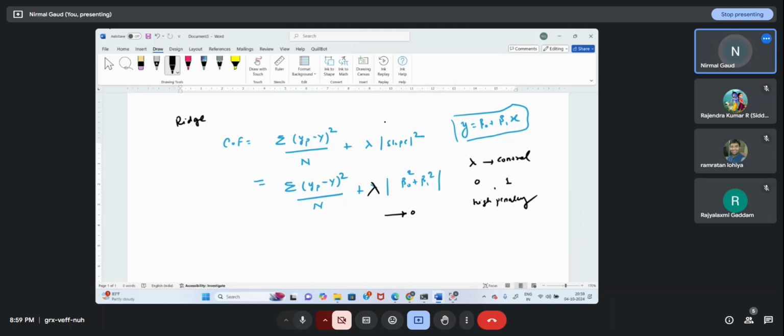So if this value is high, then definitely there is a chance that the coefficient can become 0. And if it becomes 0, then 0 multiplied by the feature will become 0. So it will be eliminated.